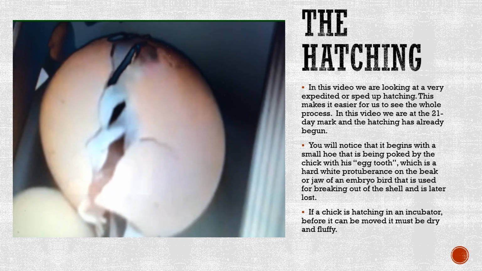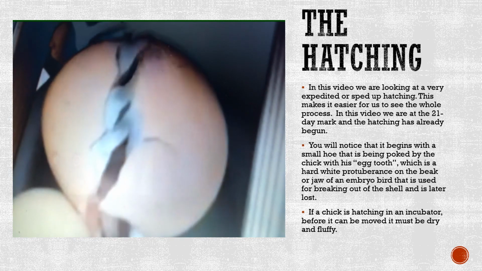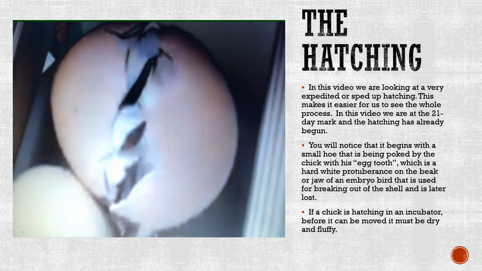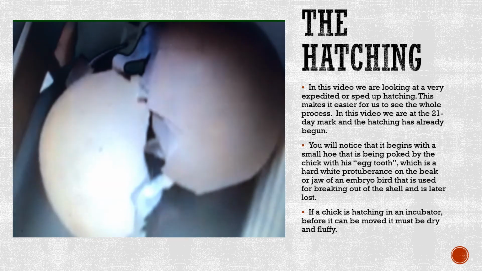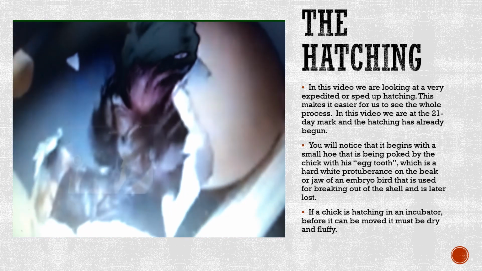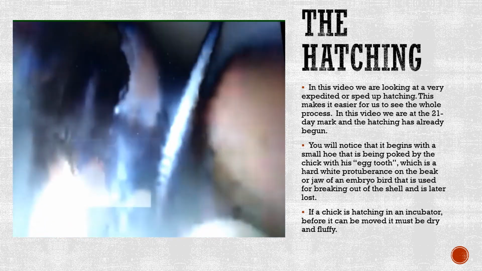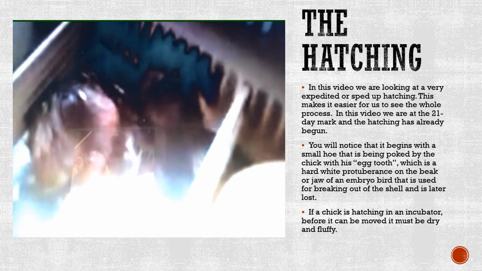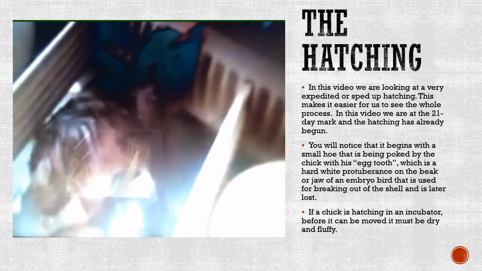But you'll see how in parts it stops, it takes a break, because it takes a lot of energy for the chick to pull itself out. And there you have it. He is out of the shell.